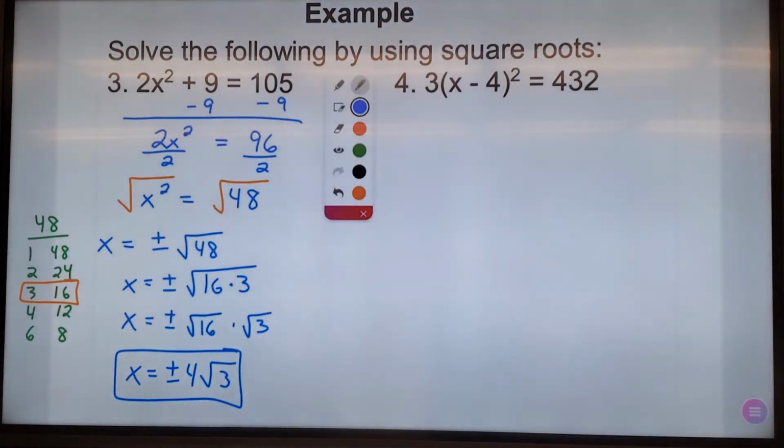Okay, number 4 is slightly different. You'll notice here now that I don't have a squared term. I have a squared expression. Okay, you do not want to undo that expression. Leave that expression alone. However, the number that's on the outside there, if one exists and is multiplied to it, then I can get rid of that first.